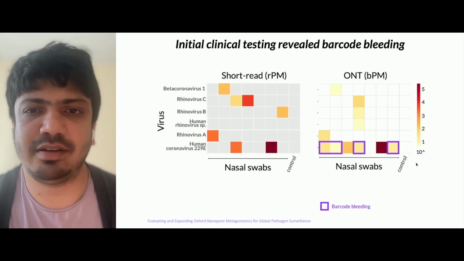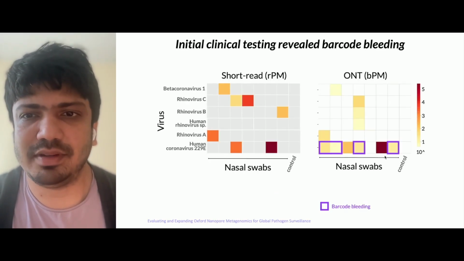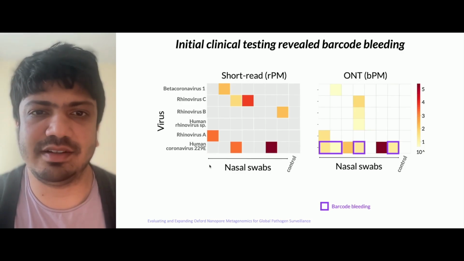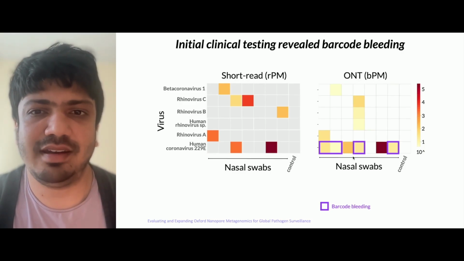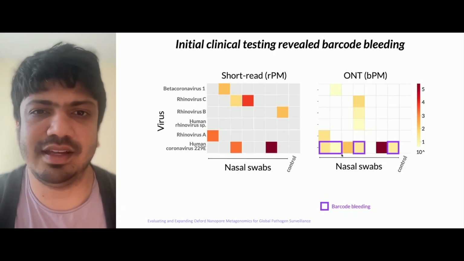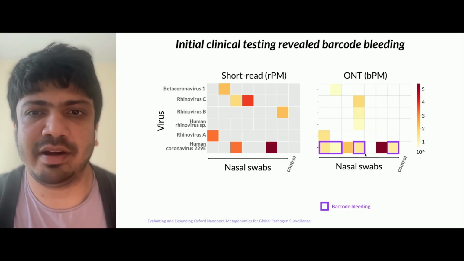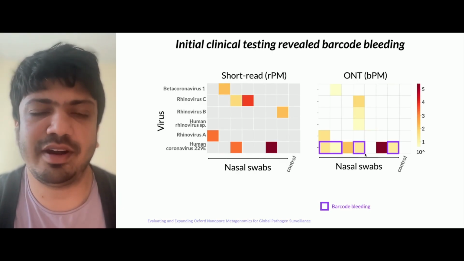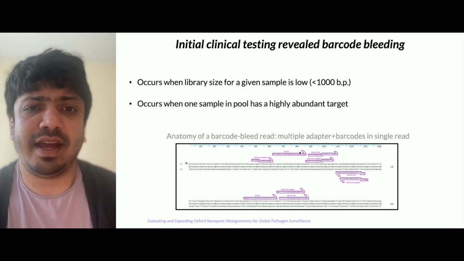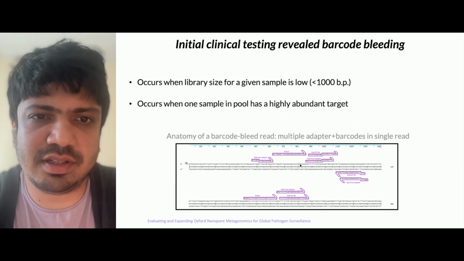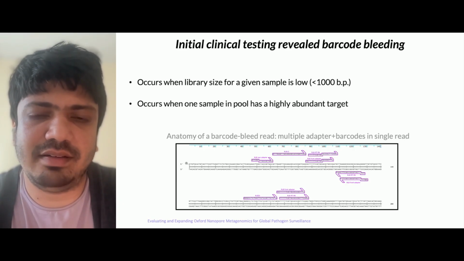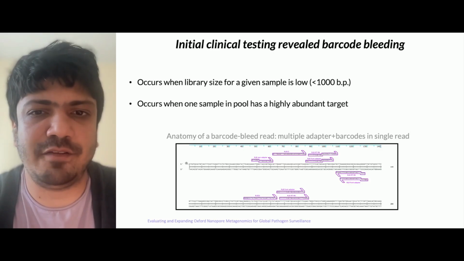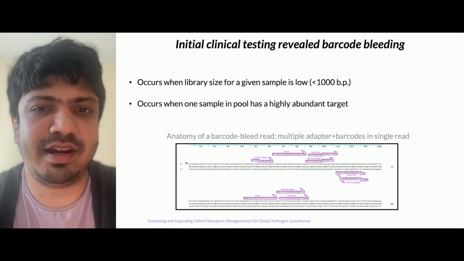If we go back to our heat map, you will see that one of the samples has a really high abundance of human coronavirus. That condition results in this barcode bleeding, specifically for that target. When we looked at these individual reads, we found that this was happening because of incorrect assignment of reads to their barcodes.